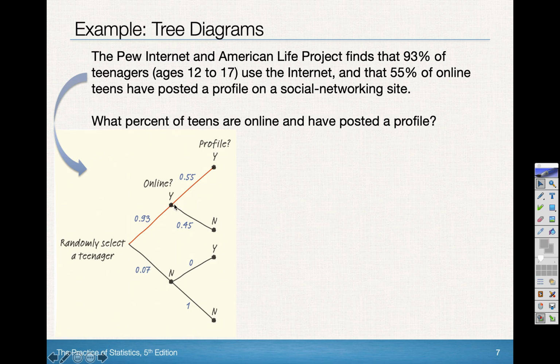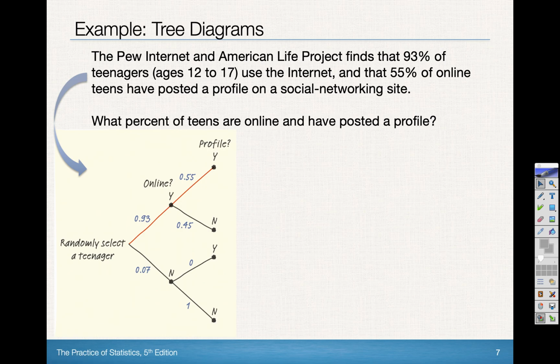If they're online, then 55% of those people online have profiles. 45% of the people online do not have profiles. That's this number here, the 55% of the online teens. Whereas if they're not online, then 0% have a profile, and 100% do not have a profile.